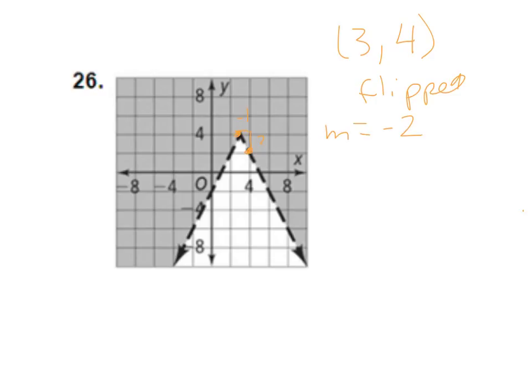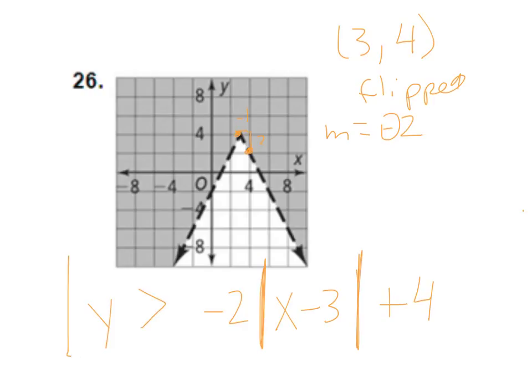Okay, you have to make sure to have that negative in front since it's flipped. So I'd have my negative 2 out in front with the absolute value of x minus 3, and then a plus 4 at the end. And it's shaded above the graph, so y is greater than, and since it's dotted, I leave it as is, and that would be my final answer for practice of 2.8.